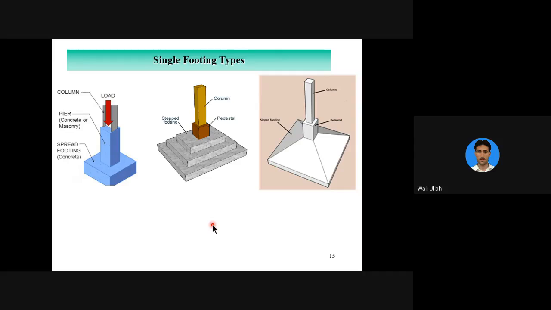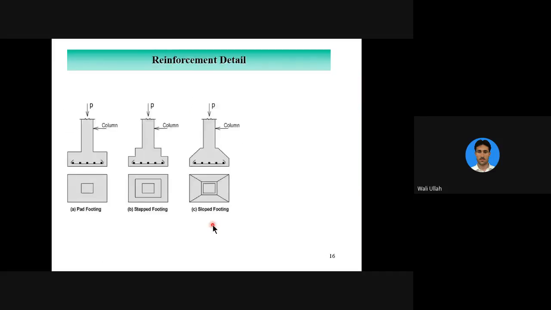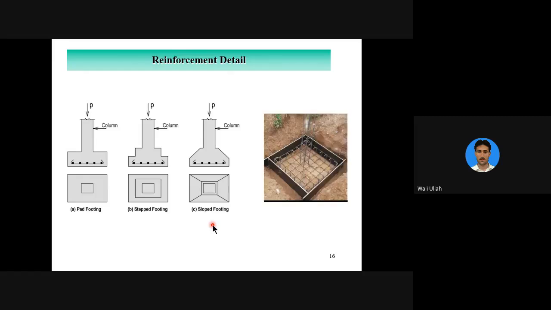Another type of foundation is, okay, this is the reinforcement detail. You can see this is how the reinforcement is provided under the spread footing, because you know that concrete is weak in tension and strong in compression, and when the load comes, the lower part of the foundation is under tension, right?